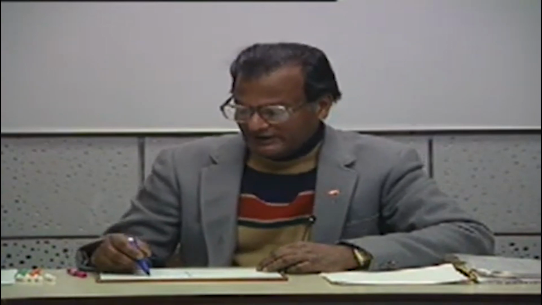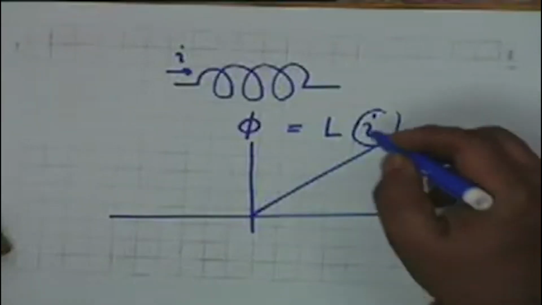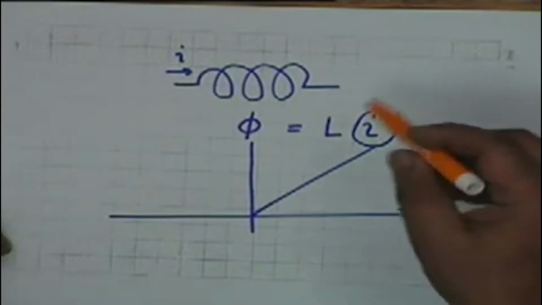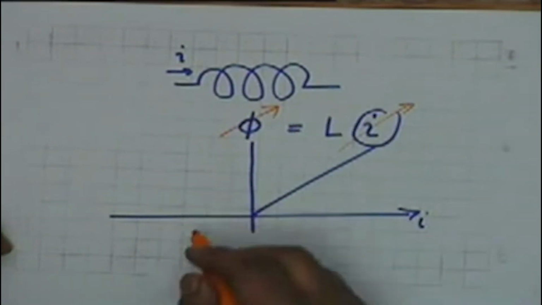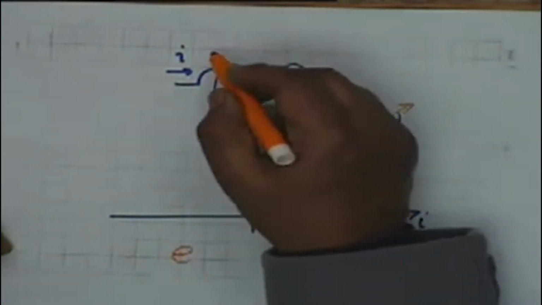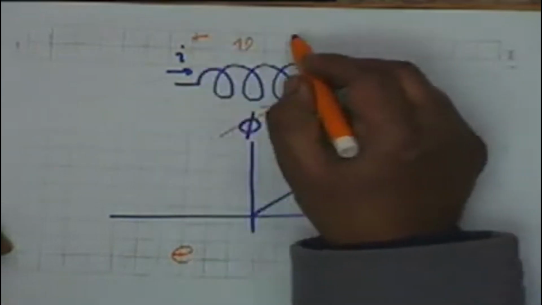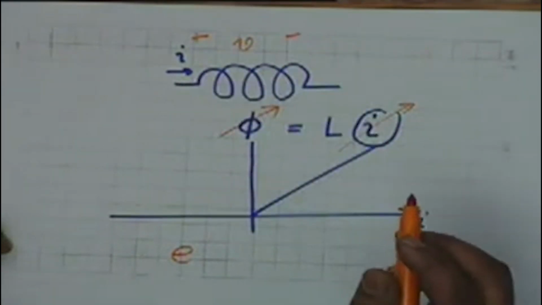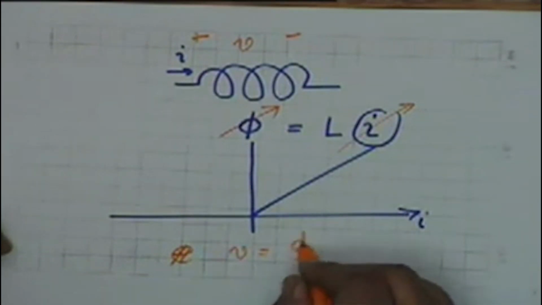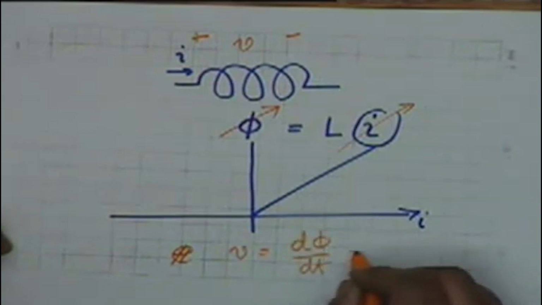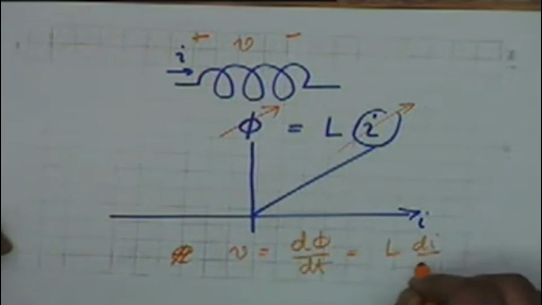Here also, if the current remains constant, then the flux remains constant. On the other hand, if current varies, then the flux phi varies, and a voltage is generated across the inductor, given by d phi dt, which is equal to L di dt.